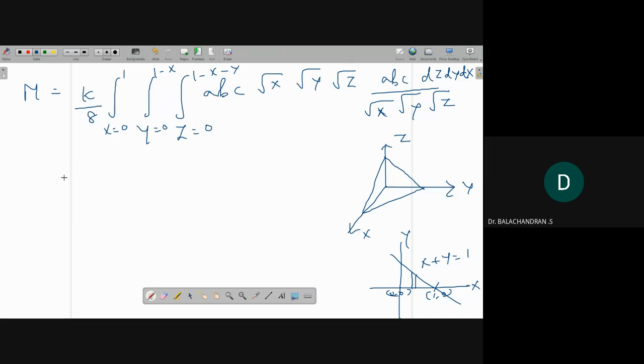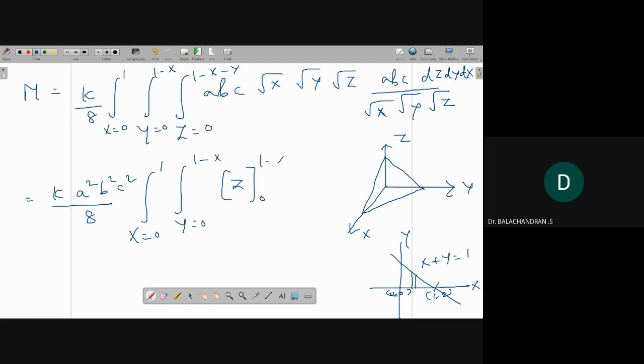Now you have k into a square, b square, c square by 8 as a constant, so the root X, root Y, root Z cancelled. If you integrate with respect to z, you will get Z from 0 to 1 minus x minus y, into dy into dx.